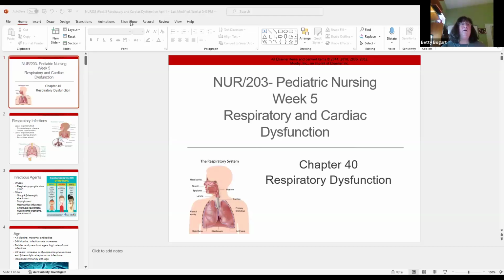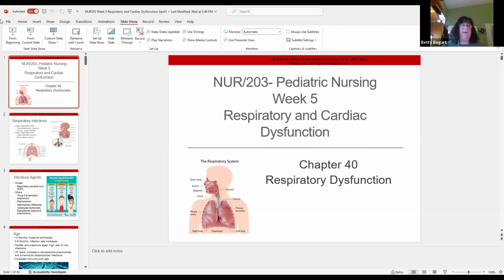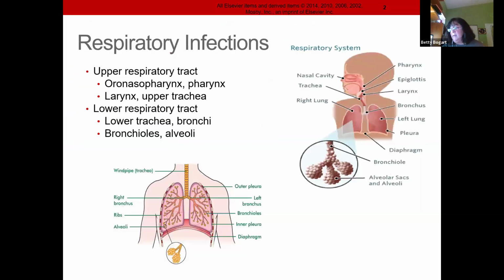All right, let's go ahead and get started. So we're going to start out with respiratory. If you can't breathe, nothing else matters, right? So when we talk of upper respiratory and lower respiratory, they actually make a difference in children because children are always mucus in their upper airway.